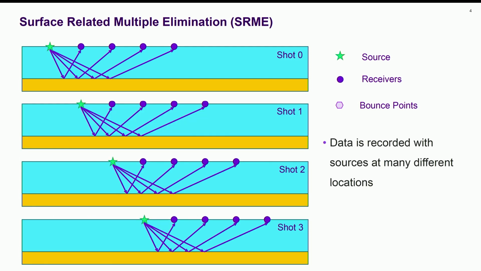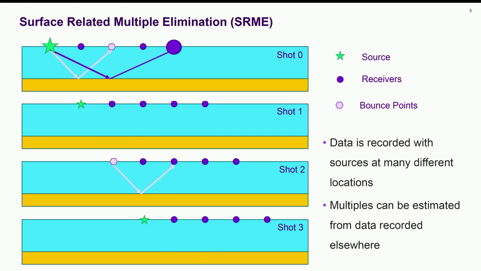How do we do that? Well, actually, we've acquired a whole bunch of data, and we can look through that data set and find portions of the data set that actually represent the multiples that we're looking for. So what do I mean by that? If we look at strictly the enlarged source-receiver pair that you see here, if we were to try to estimate some of the multiples that come into that collection, then we can put a bounce point somewhere on the surface, and we can see if we can find a recording to that point.